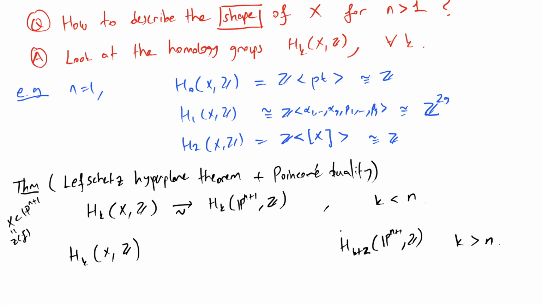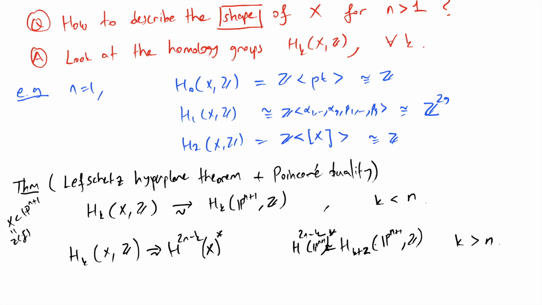Okay, so these are isomorphic, except I want to describe the map between them as a part of the theorem. It actually goes like this. I'm out of space, so I'm not writing the Z's. So this is the cohomology, dualized. And then this is also isomorphic to the cohomology, but this time this has dimension 2n plus 2 minus k, and this is P^(n+1).